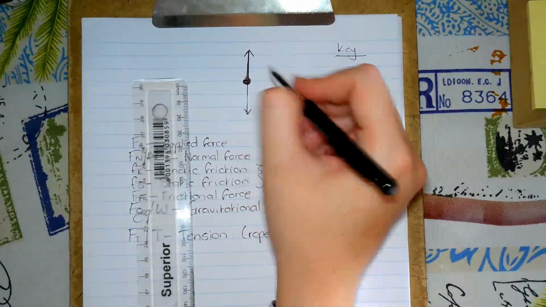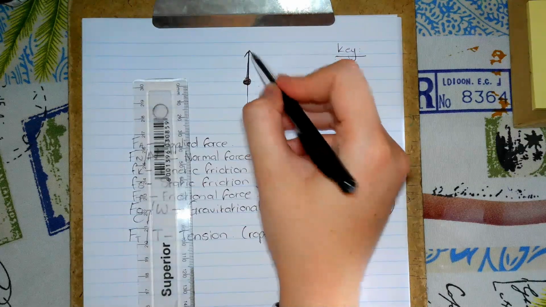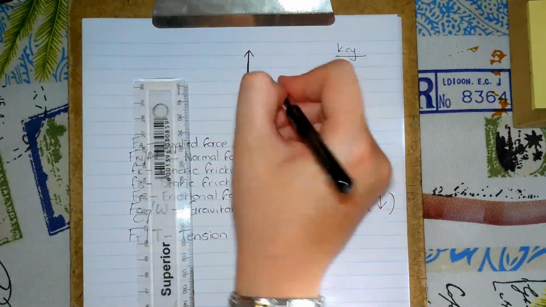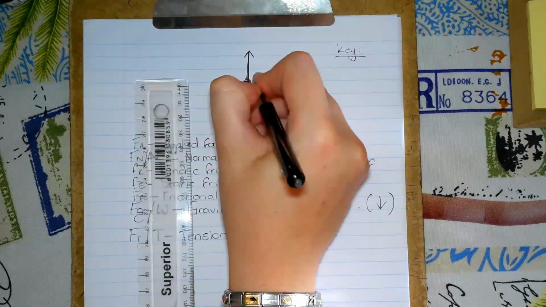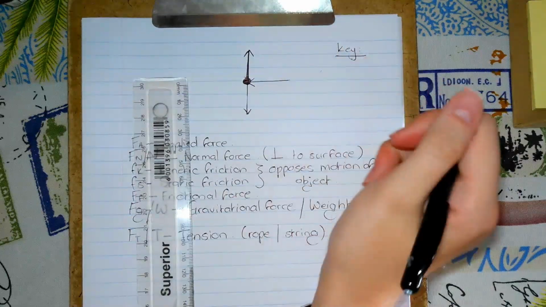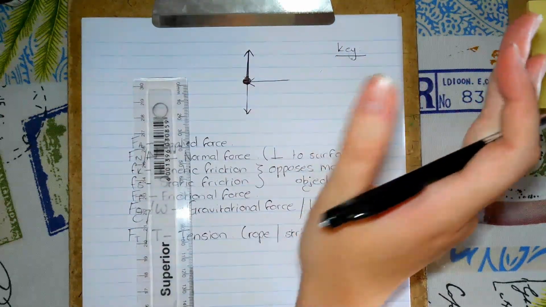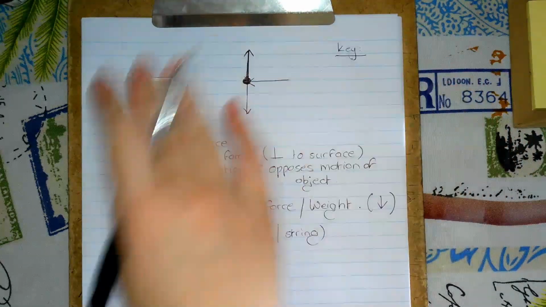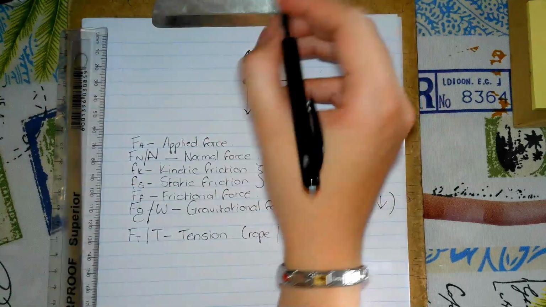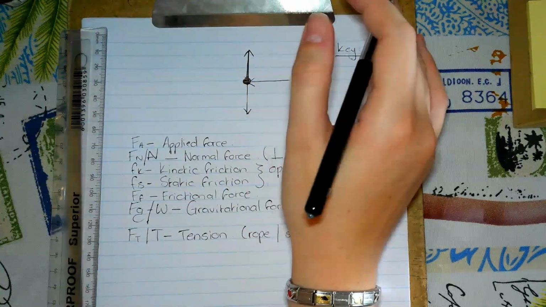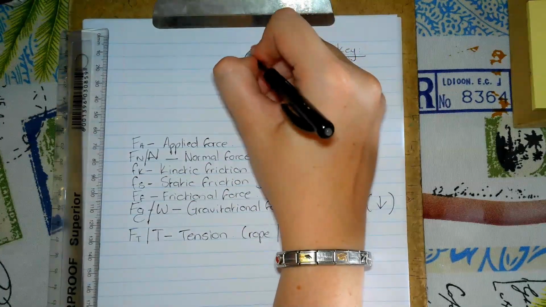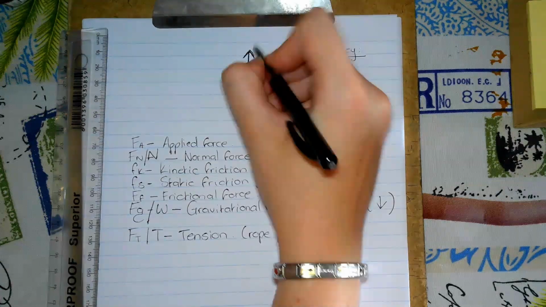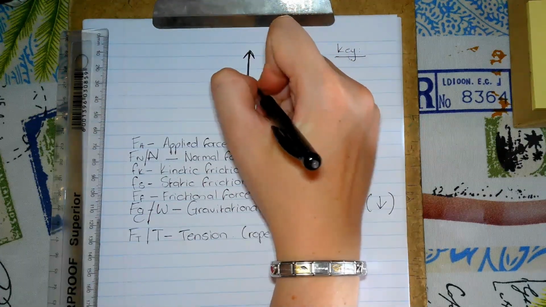So when you draw your arrows, they have to go out of the dot. They can't go into the dot. So if you draw an arrow and it goes towards the dot like that, that is wrong. That will be marked wrong. Another thing for those writing government papers, they're very strict with the marking of the free body diagram. So when you draw the arrowhead, please make sure that it does connect with the actual arrow.